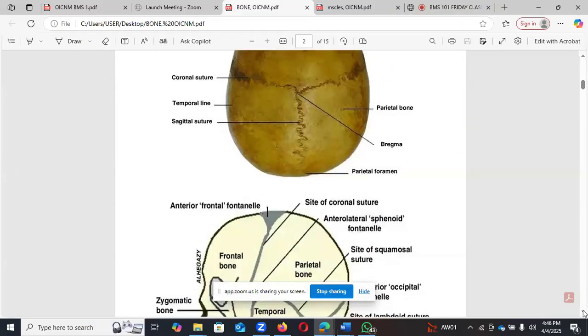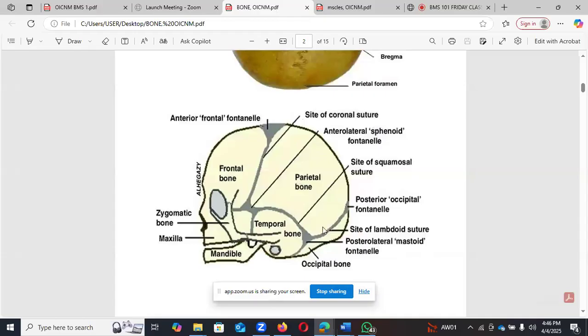Let's continue. Again, when you look at it laterally, this is the bregma or frontal fontanel, where the coronal suture and the sagittal suture make an angle. It is also called the anterior fontanel.